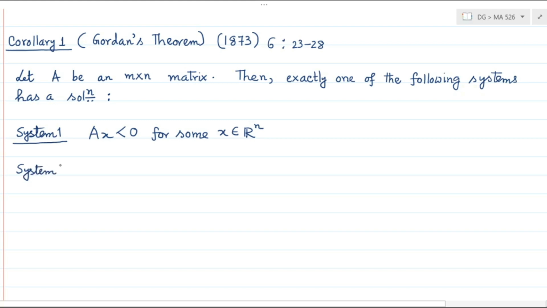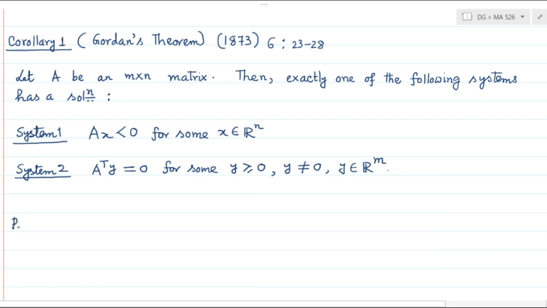And system 2 is: A transpose y is equal to 0 for some non-null y, that is, some y that is not null but greater than or equal to 0, fine. And here y is an element in Rm. These are the statements. Now let us try to prove this result with the help of the Farkas lemma.